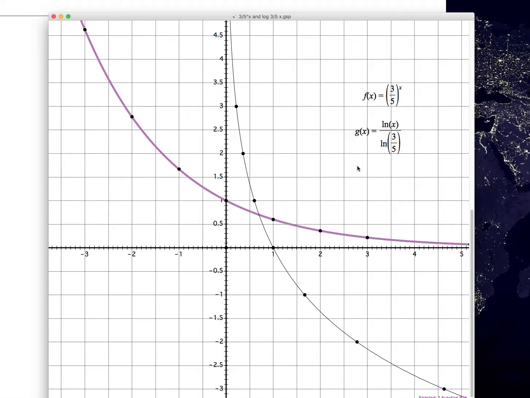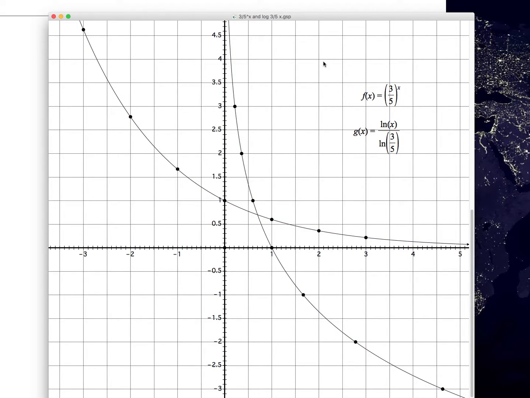And then the logarithmic function, once again, for me to plot this in my program, I had to use the change of base formula. So this is natural log of x over the natural log of 3/5. But again, you can see that these two functions mirror one another across that 45-degree angle line.